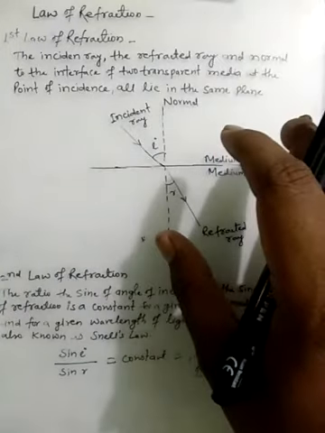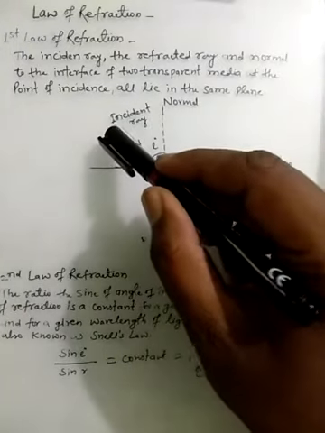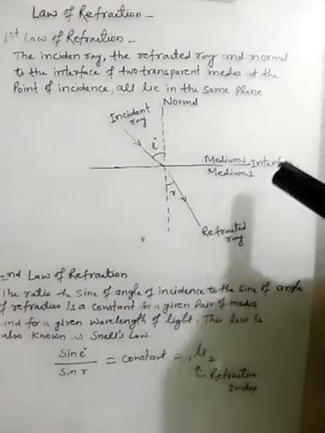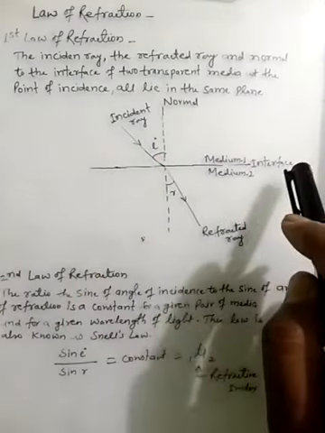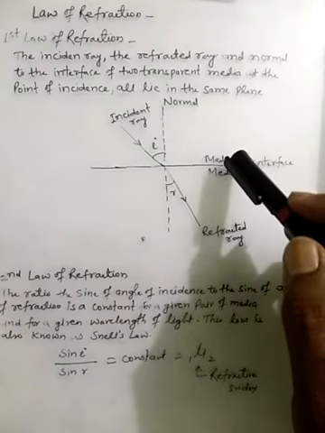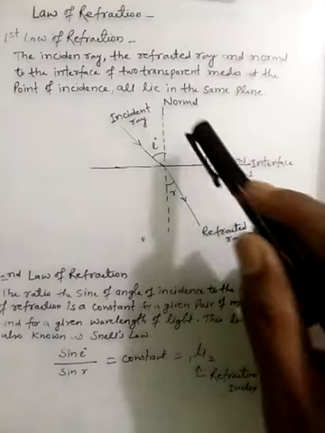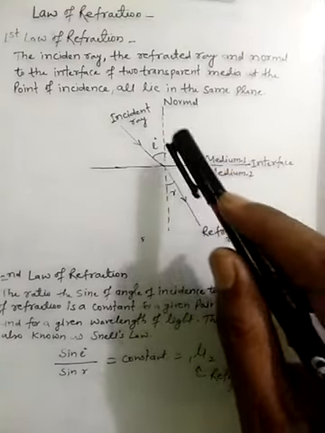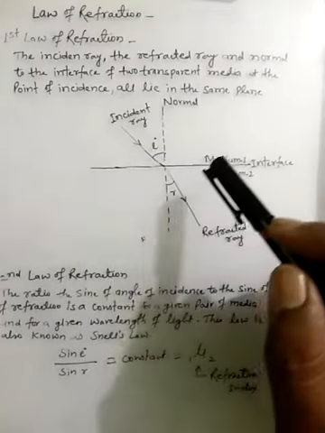This is the diagram. This is the incident ray. This is the normal, and this horizontal line is the interface between medium 1 and medium 2, and the normal is a line drawn perpendicular to the interface.